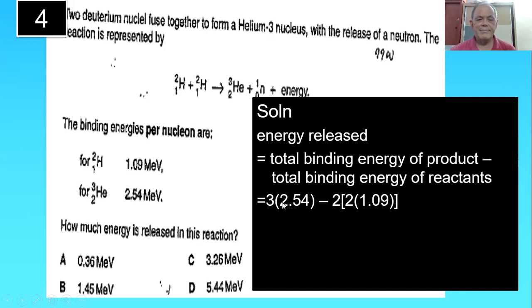Get that? And then there are 2 of them here. For one of them, it is 1.09, and there are 2 nucleons there, times 2. And because there are 2 of them, we times another 2 again. Then we calculate our value.